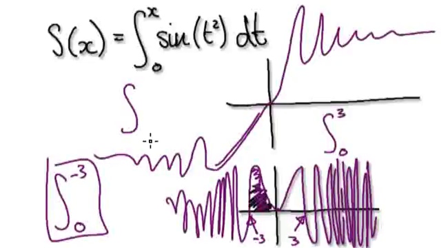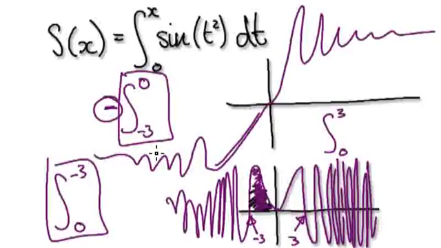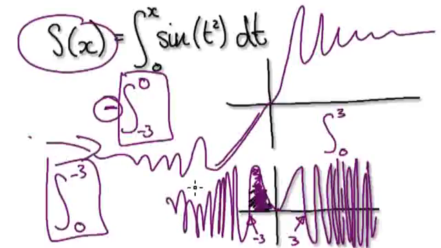So that would give us from negative 3 to 0. But when we switch these two around, we have to obey one of the laws where we have to stick a minus in front. Well, this here is this area here. It's a positive area, but you've got a negative there, making the original S of x negative. Okay?